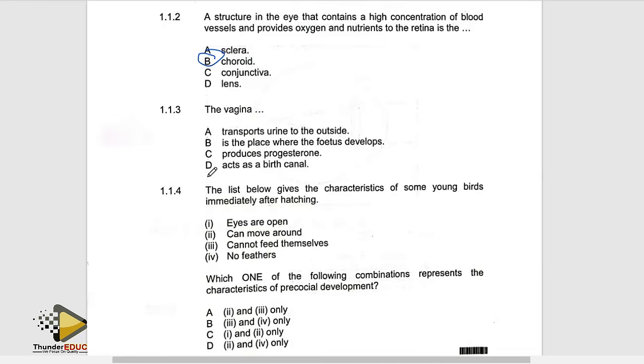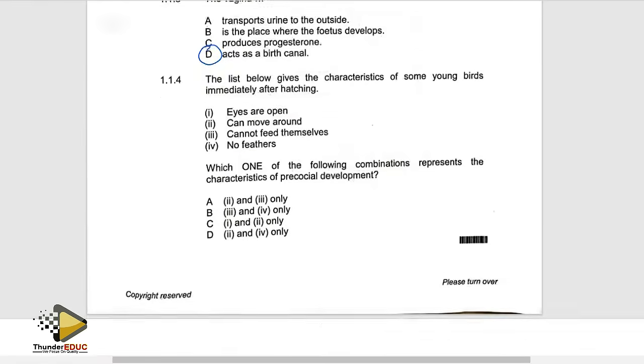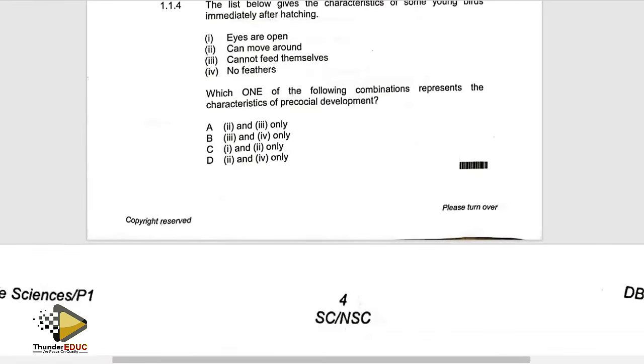Then they're saying it is a place where the fetus develops. It can't be, otherwise you'd have seen the baby developing outside. Produces progesterone? No, the vagina does not have glands which produce hormones. Acts as a birth canal? We usually know that the second name for the vagina is the birth canal. Therefore, that is the correct answer.